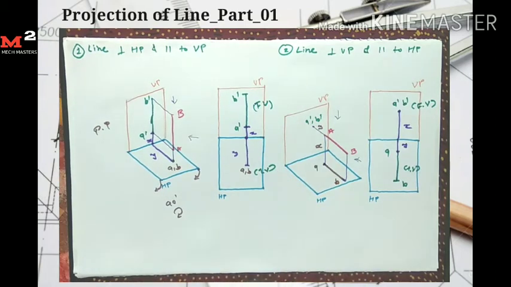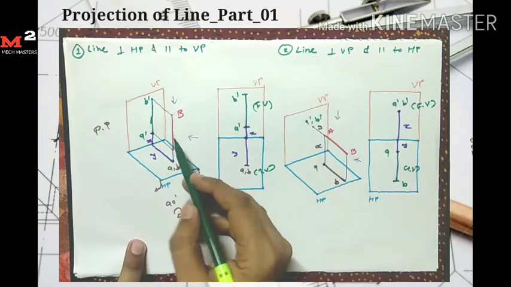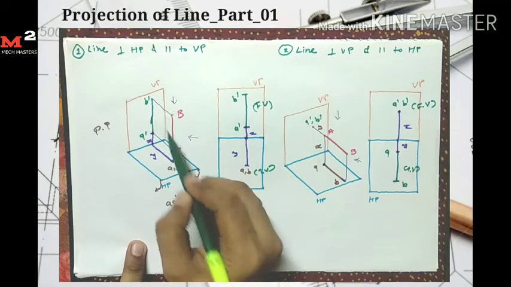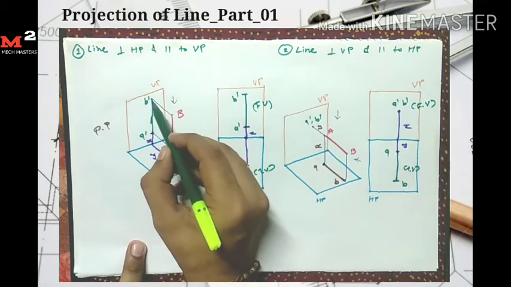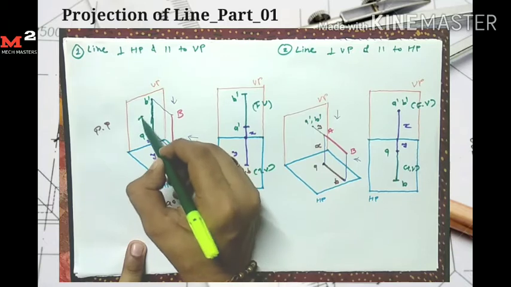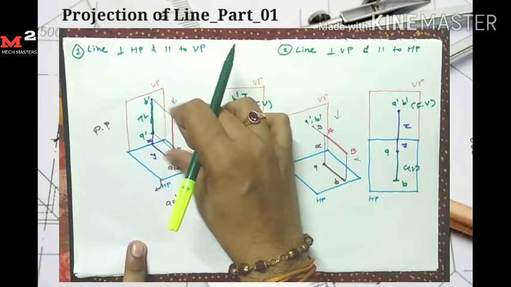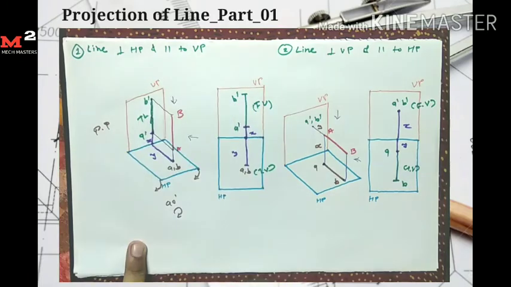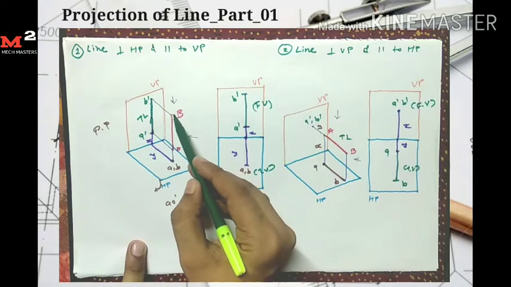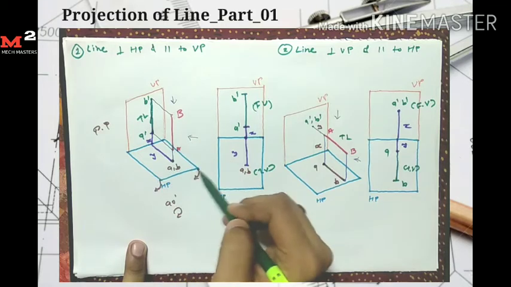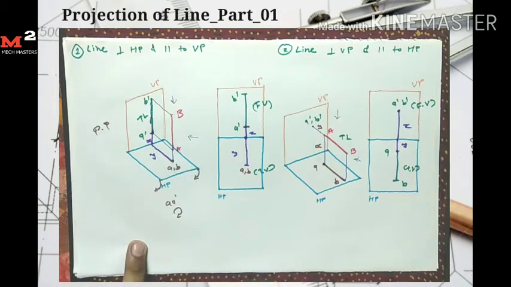Okay, so the conclusion of these two cases is we get the true length of the line on the plane which is parallel to the line. Here in first case line AB is parallel to VP, so we get this true length on the vertical plane. True length means the actual length of line. We get the exact length of AB on the vertical plane because line is parallel to VP. And second point is if the line is perpendicular to any plane, then we get simply 1 point for this line.